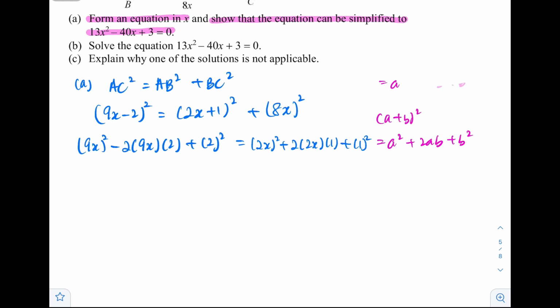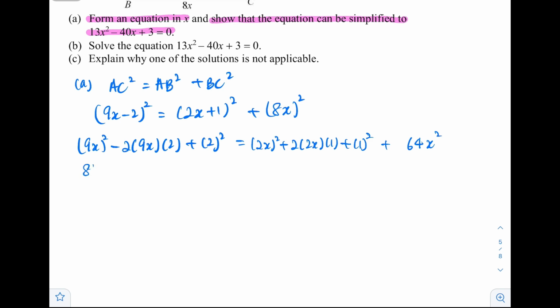And for the last part, you just have (8x) squared. You square the 8, which is 64, and you square the x, you get x squared.